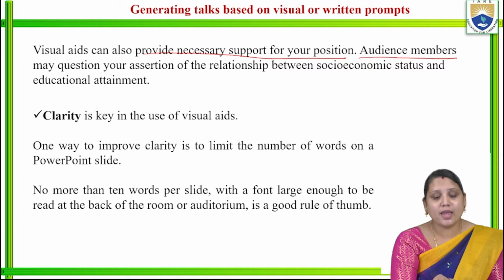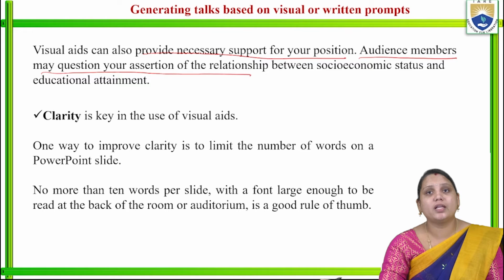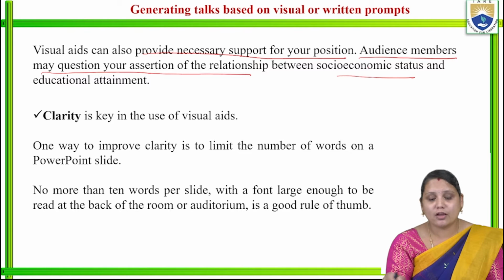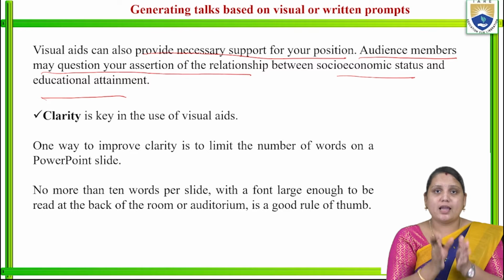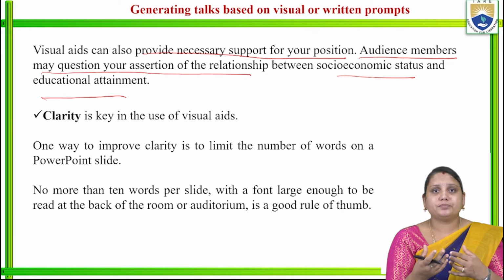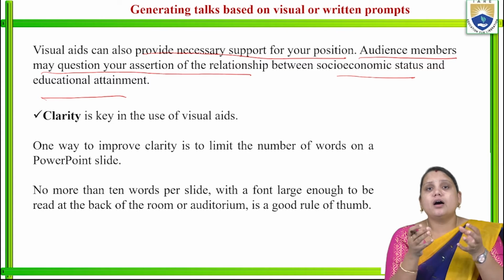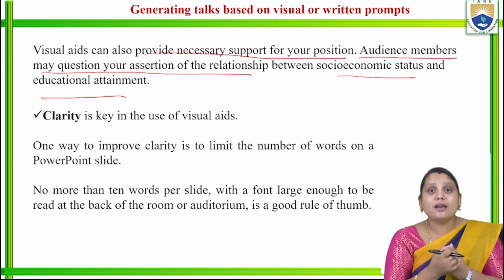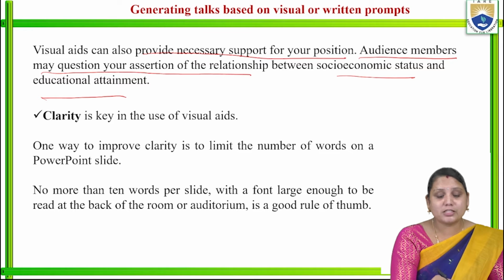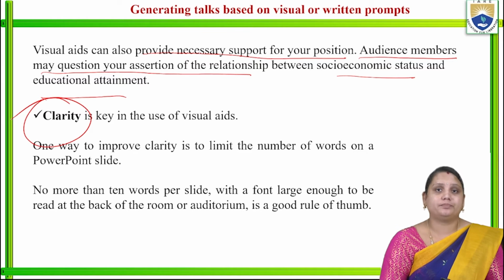Audience members may question your assertion of the relationship between socioeconomic status and educational attainment. For example, again we are taking the same thing. They may ask, what is the relationship? How are you going to provide evidence? Then your visual aid must provide clarity to them.